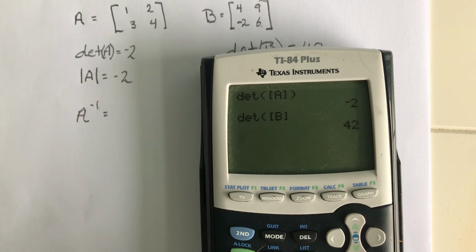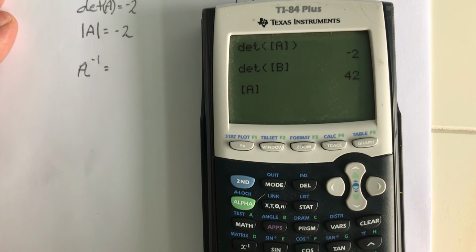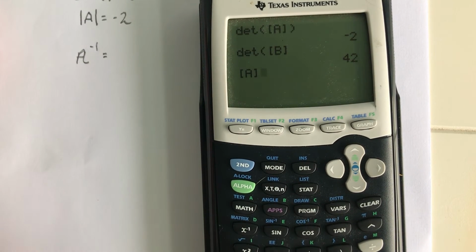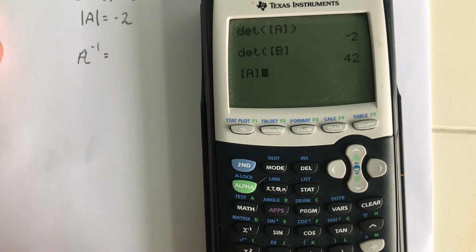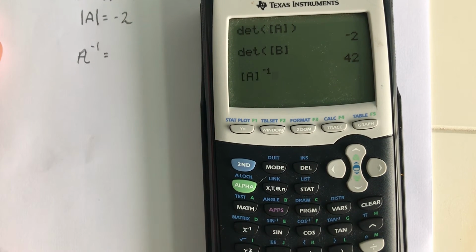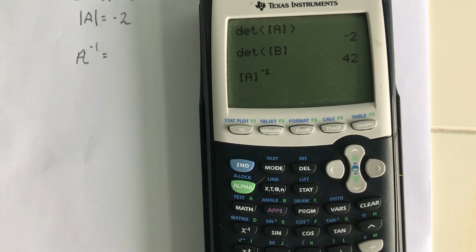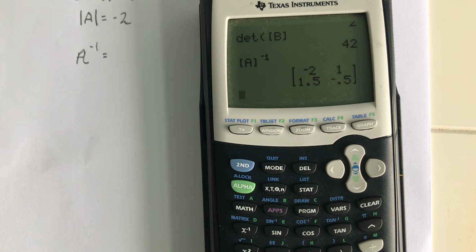You just have to hit matrix A, and then you hit the inverse button. The inverse button is right here. It says x to the negative 1. So it'll put a little exponent of negative 1. That means A inverse, and it will calculate the inverse for you.